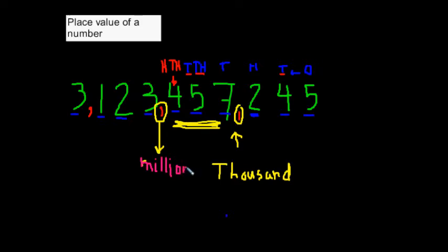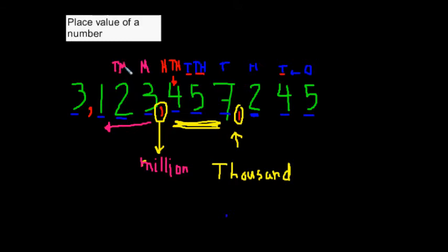Now, all the numbers to the left of this comma are millions. What is the place value of this one? This is ones, because we have million, M. Then we have 10 million, TM.